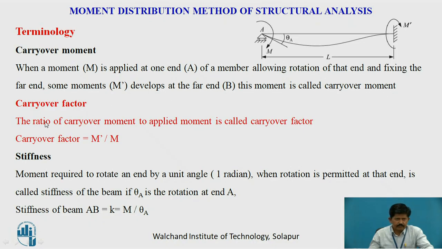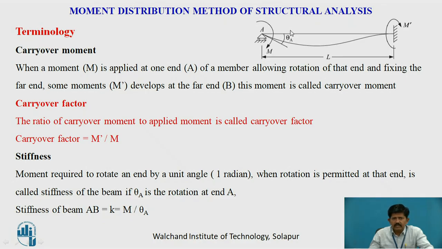Carryover factor. The ratio of carryover moment to the applied moment is called the carryover factor. So, that is equal to M dash upon M. Stiffness. The moment required to rotate an end by a unit angle, that is 1 radian, when rotation is permitted at that end, is called the stiffness of the beam.